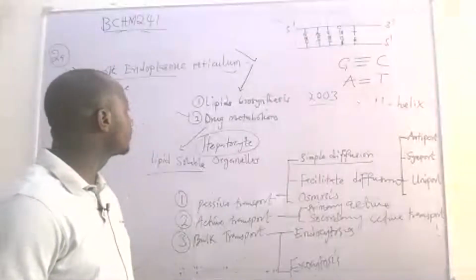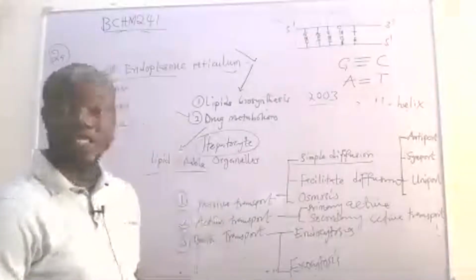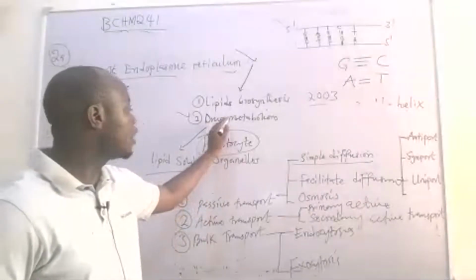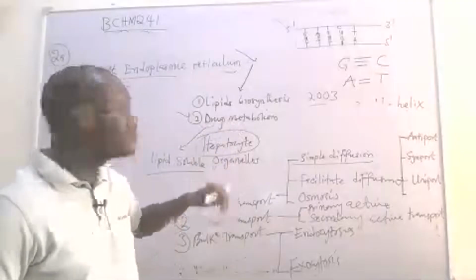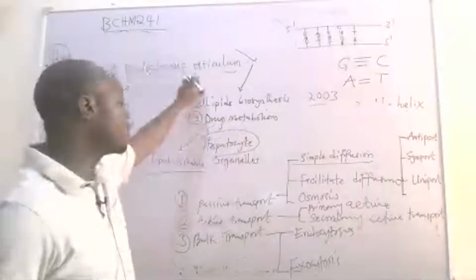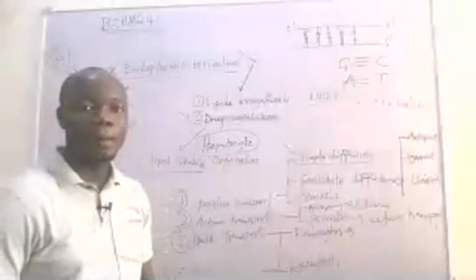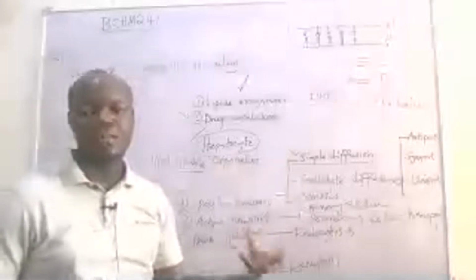So the drugs that we are taking, the drugs that we give to our patients when they come to hospitals, get into the cell to reach the smooth endoplasmic reticulum through simple diffusion. And why is it that the drugs are passed across the cell membrane using simple diffusion?